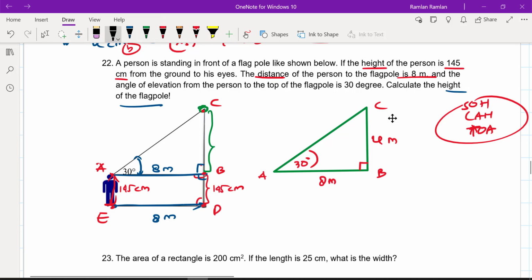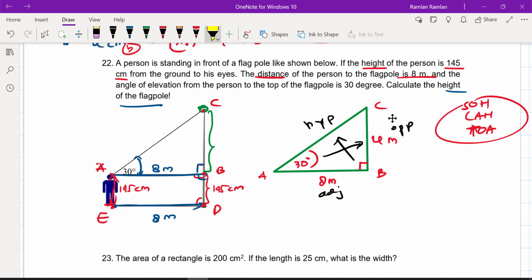The hypotenuse is always in front of the 90 degrees, so this is the hypotenuse. The opposite is always in front of the angle that we're going to use, because we only know this angle. So this is the opposite, which means that this is the adjacent.